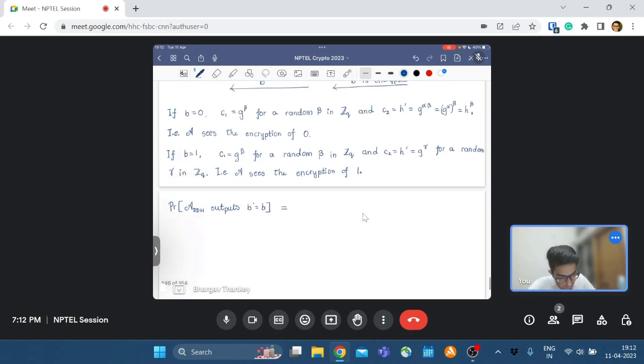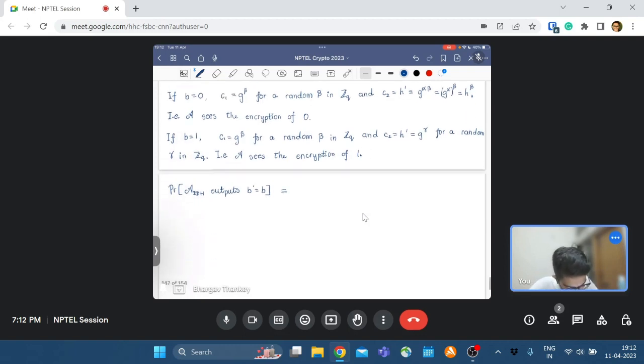So I can write this probability that ADDH guesses B correctly if and only if A guesses B correctly.